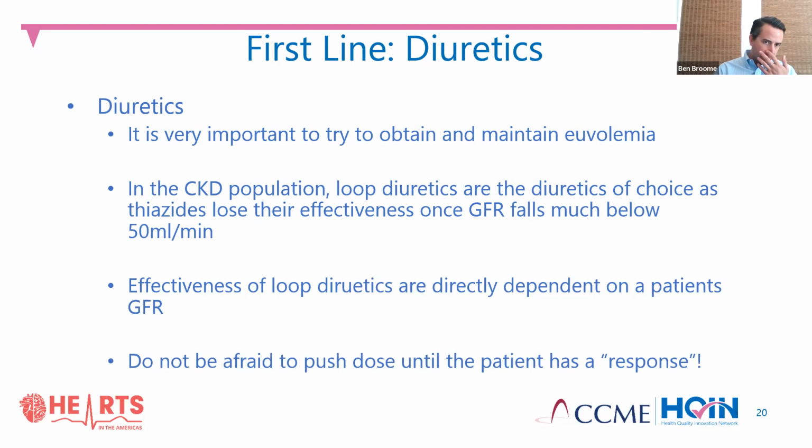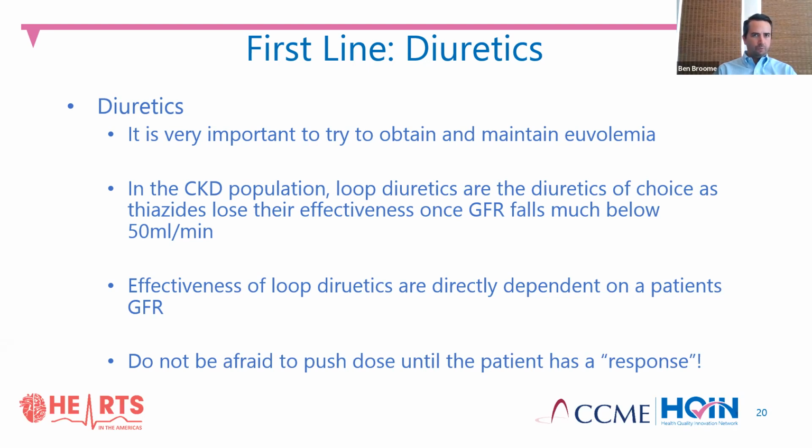Okay, it's also important to remember that very often the first line of diuretics that are chosen, especially in non-CKD patients, are thiazides, hydrochlorothiazide, chlorthalidone, some of the others. I don't think it's fully appreciated that a lot of those medications lose their effectiveness once the GFR falls much below 50.